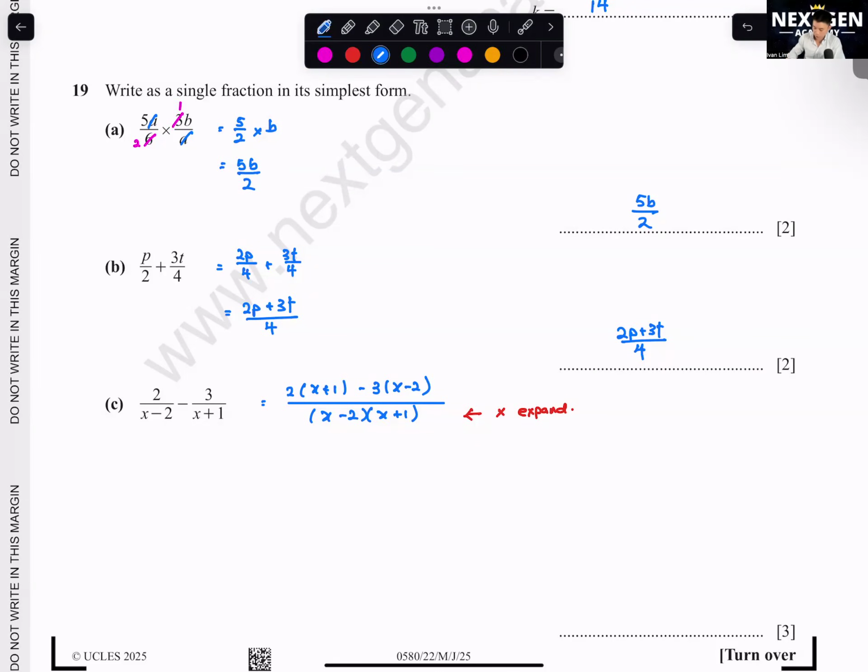If you expand, you still get it correct, just more steps. You just need to simplify the top part. Our final answer will be, oops, be careful with the symbol, 2 plus 6, which is 8, minus x, over x minus 2 times x plus 1.